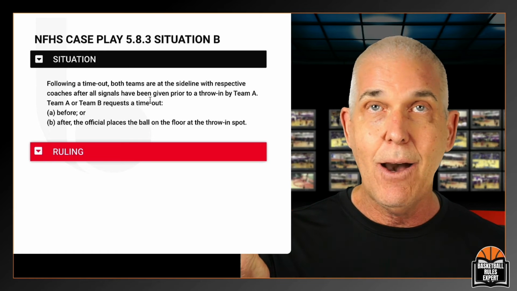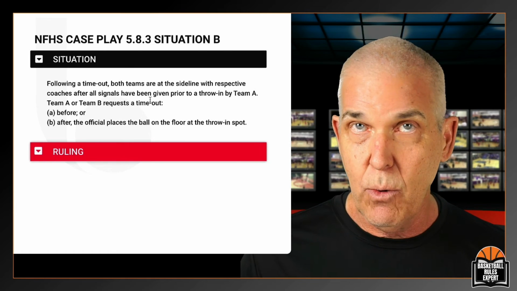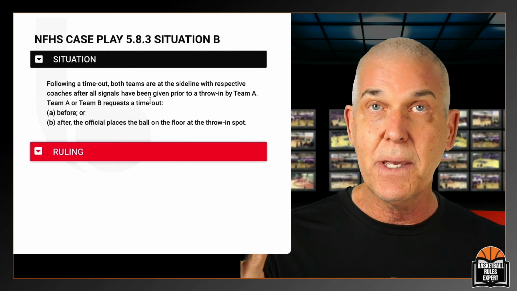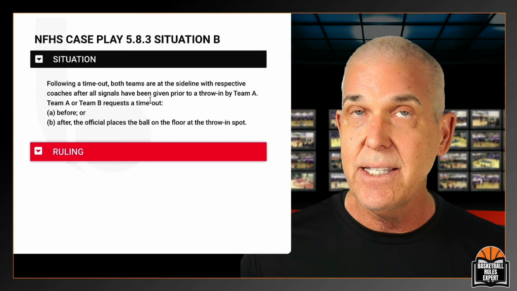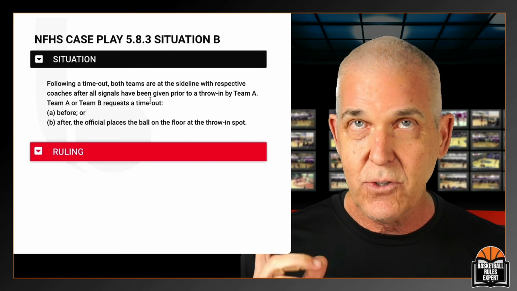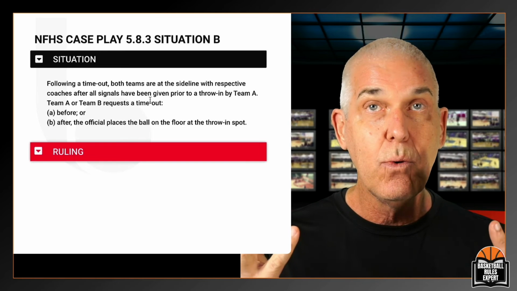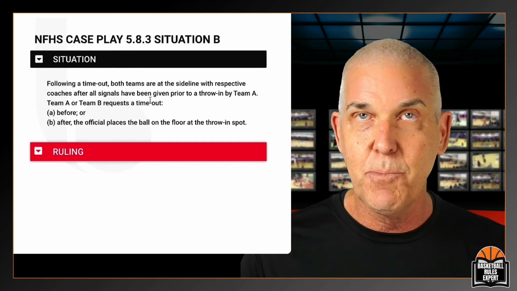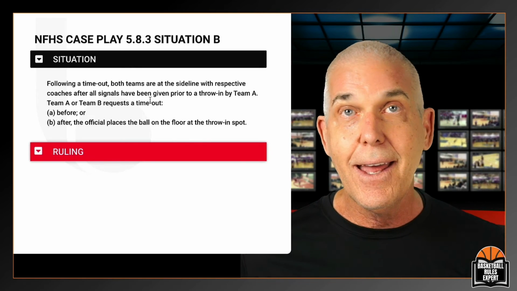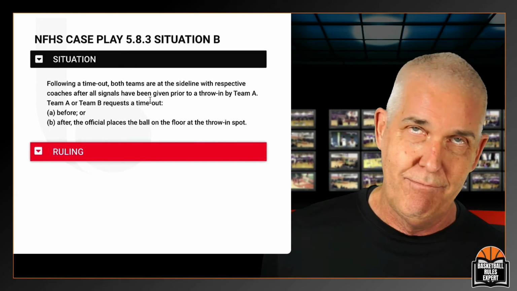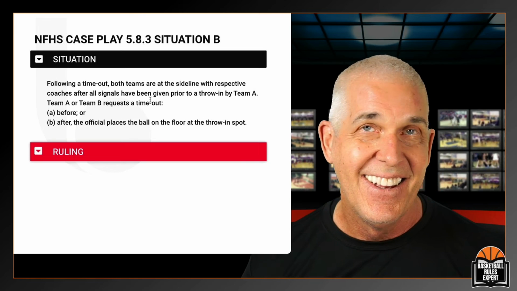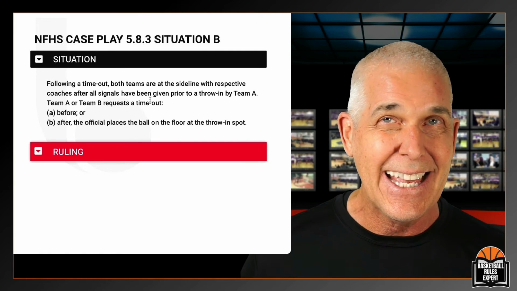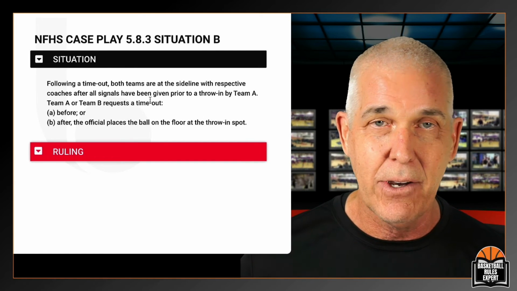The ball is now available to the thrower, and the ball has become live in this instance. Those are key components as to who can request a timeout after the ball is at the disposal of the thrower and the ball has become live. Obviously those things go together, right? So that's the essence of this play scenario.